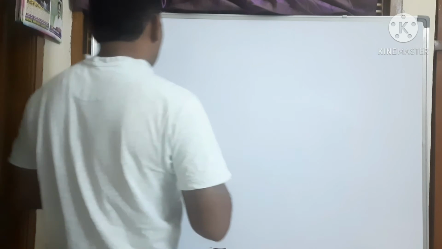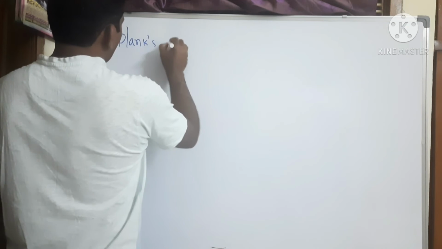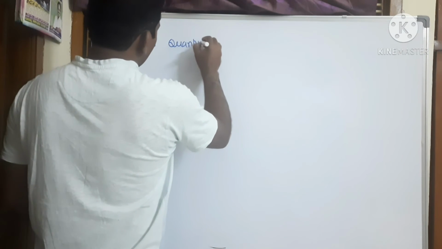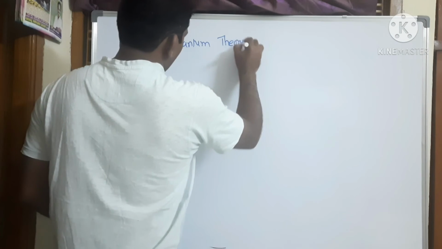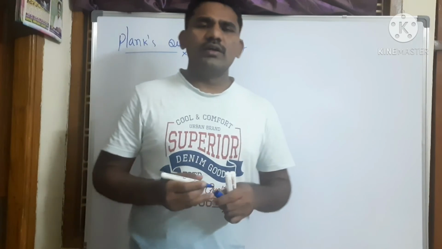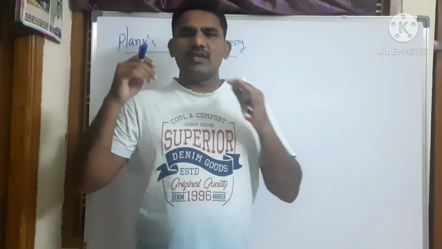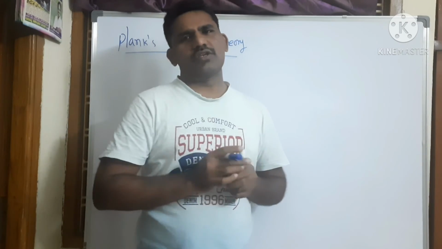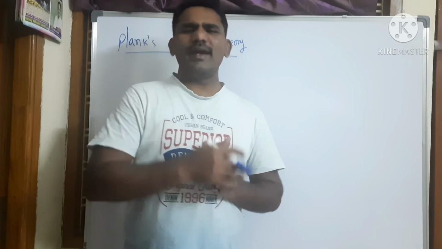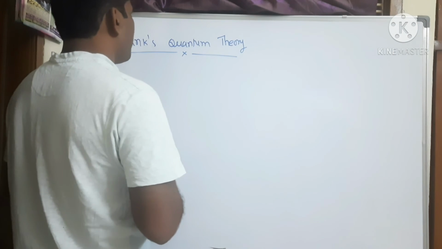In order to overcome the drawbacks in Rutherford model of atom, Sir Planck had come up with a new theory which is called Planck's quantum theory. According to Planck's quantum theory, energy does not emit in a continuous manner, but energy propagates or transmits in the form of small packets. These small packets of energy are called quanta.